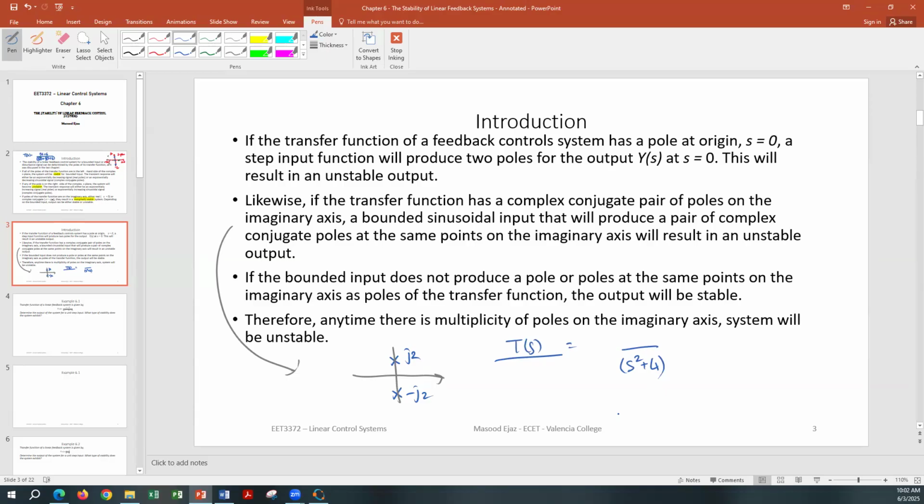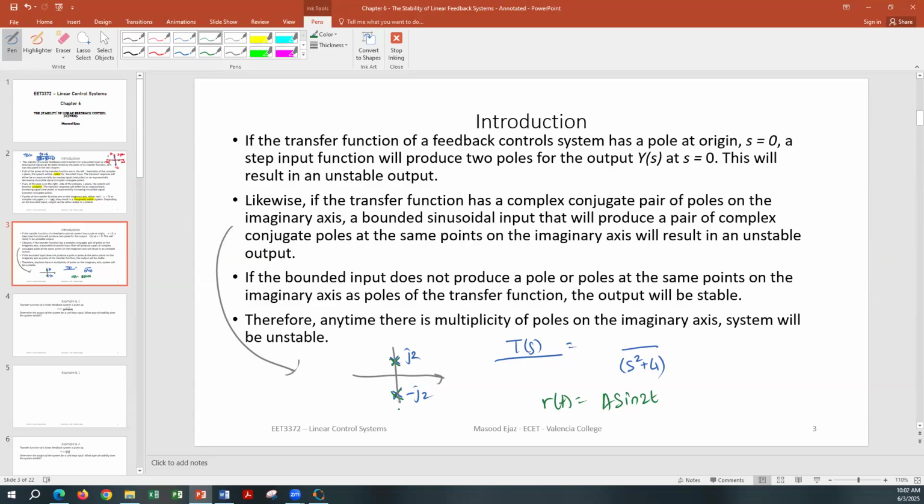So if you have a system like this, and you are exciting it with an input, let's say sine 2t, sine 2t will produce 2 poles at j2 and negative j2. That means now you have multiple poles on the y-axis for y(t), and the output is going to become unstable.